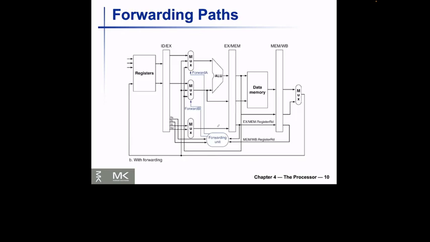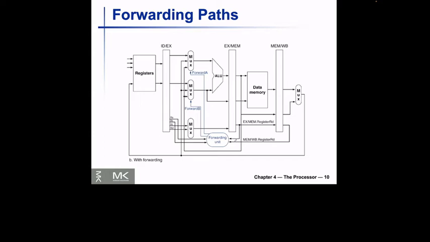Okay, so we have a forwarding unit. What are the inputs of this forwarding unit? We need to check the RD field, the destination field. Now let's take a look at the data hazard caused by R-type instruction first.